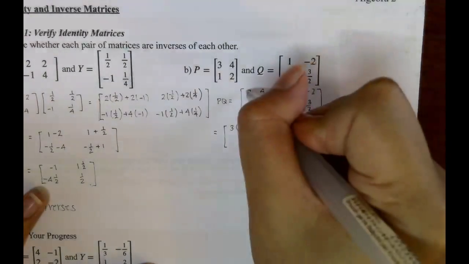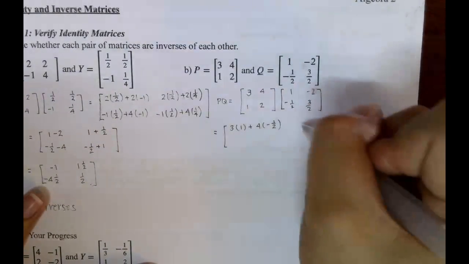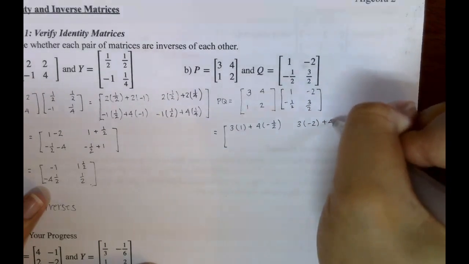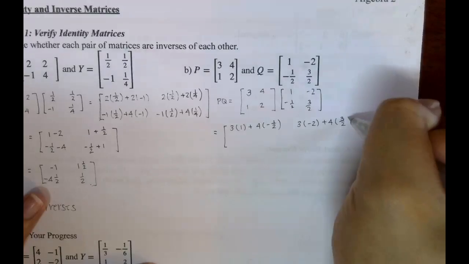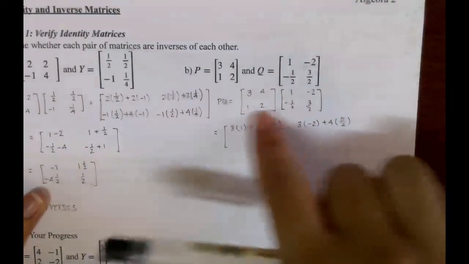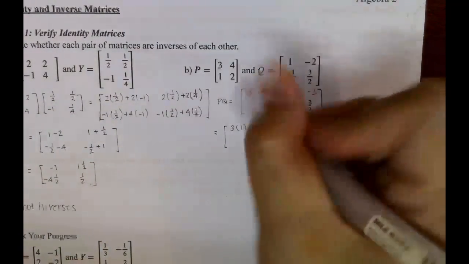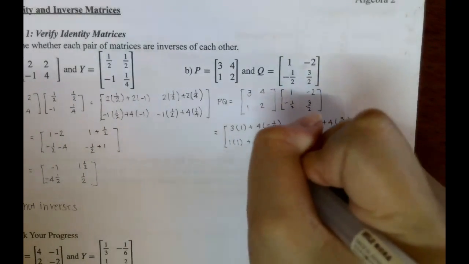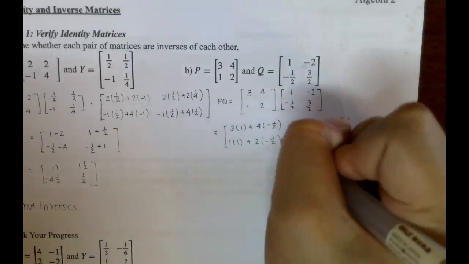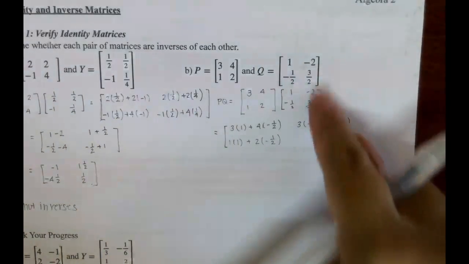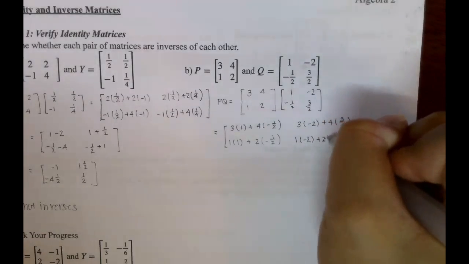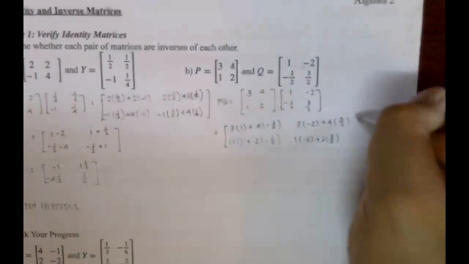And first row, second column now. 3 times negative 2 plus 4 times 3 halves. And second row, first column. 1 times 1 plus 2 times negative 1 half. And then second row, second column, 1 times negative 2 plus 2 times 3 halves.